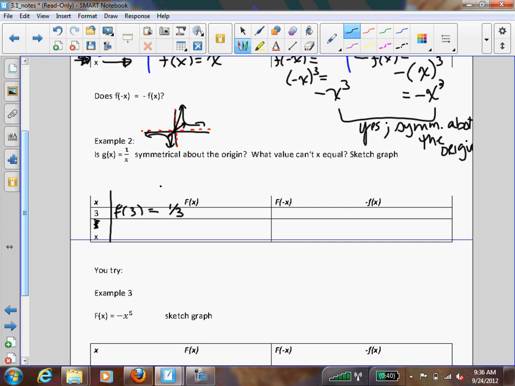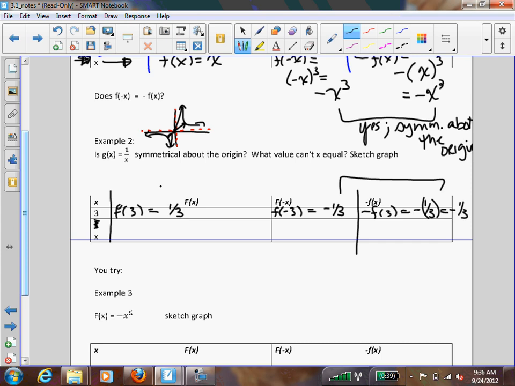If I do negative 3, I'm going to get negative 1/3, correct? And if I do the opposite of f of 3, I'm going to do the opposite of 1/3, right, which is negative 1/3. These two are the same.